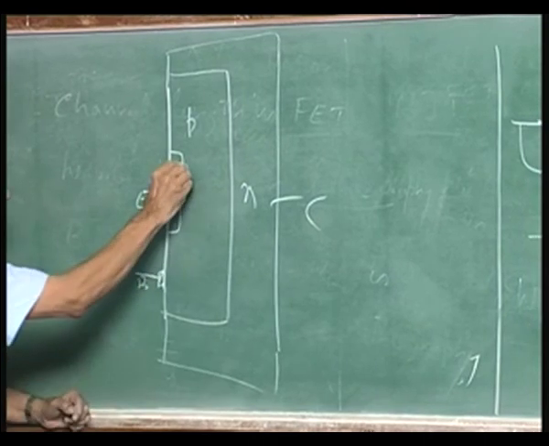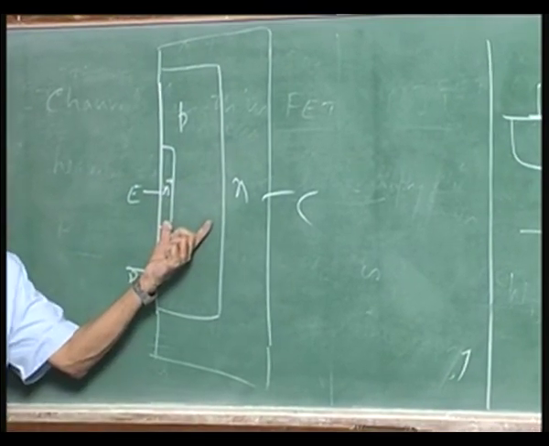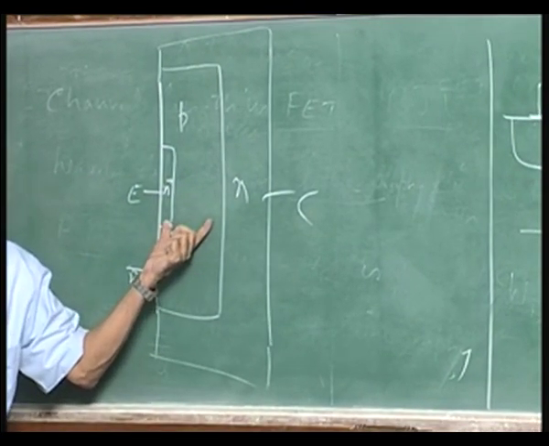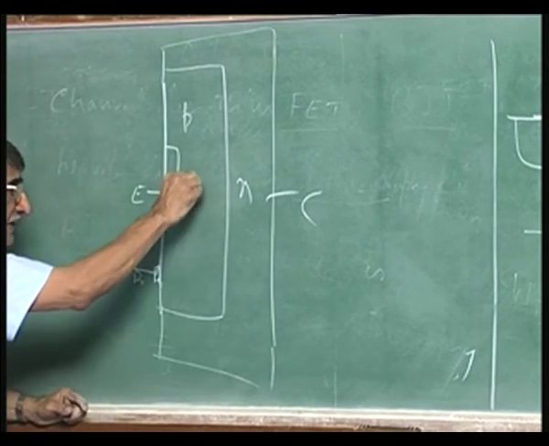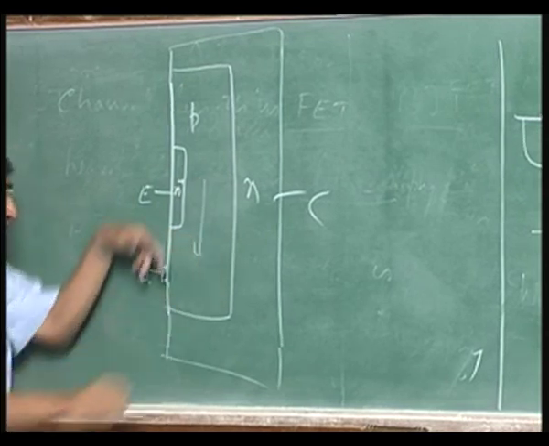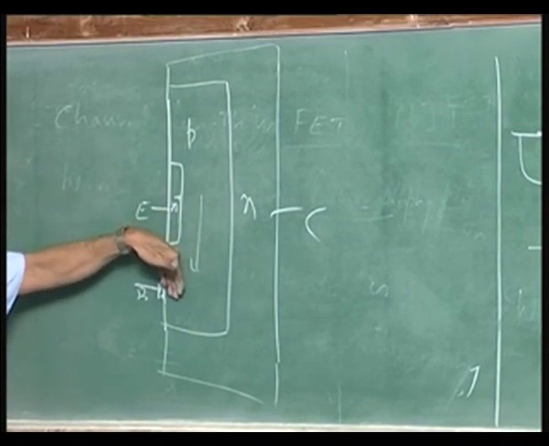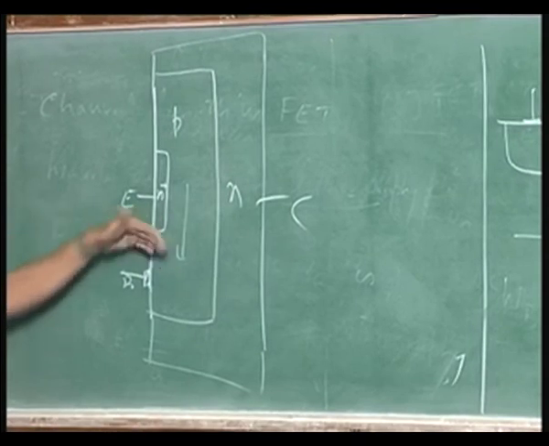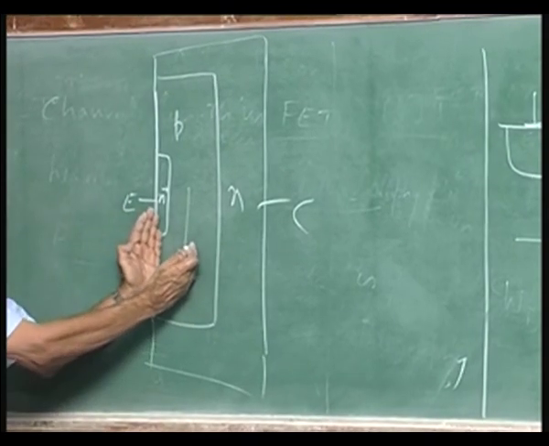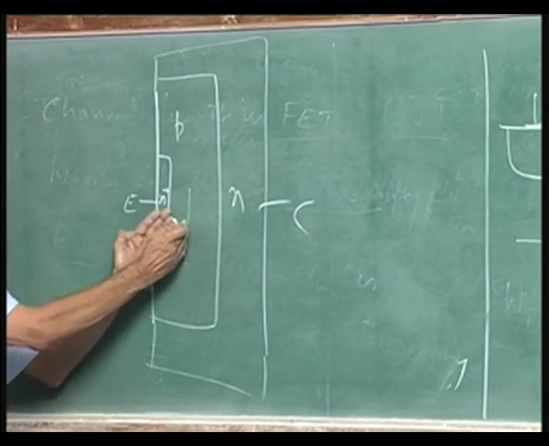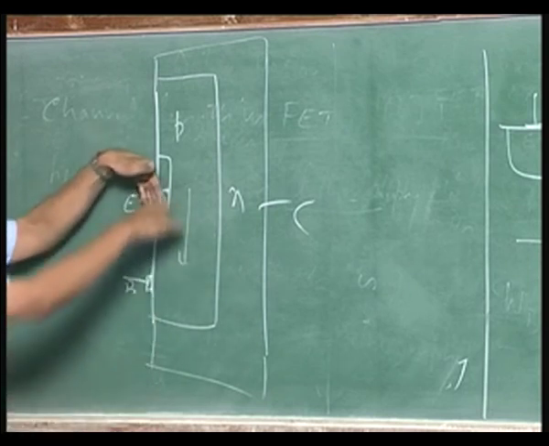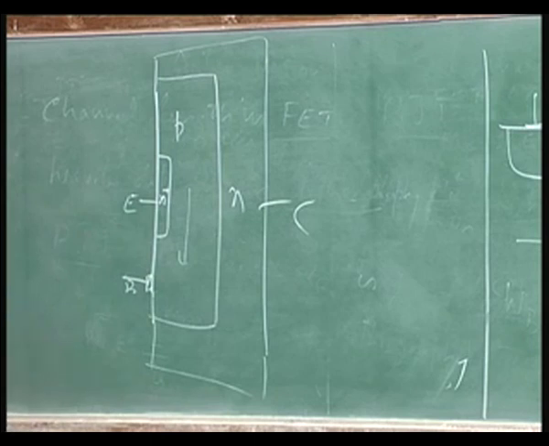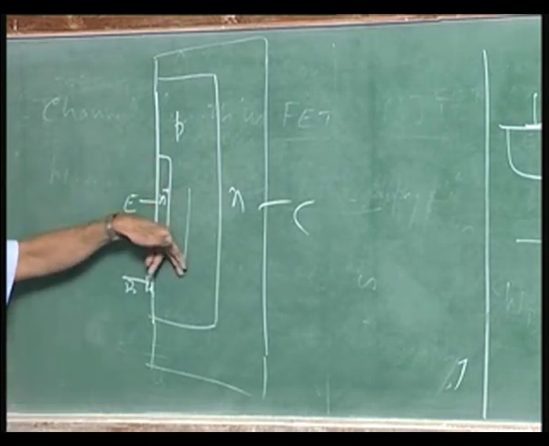If I reduce this base width, what is the parameter which is going to be affected? The lateral width, the current flow in the lateral direction flows in this direction. So, if I reduce this width of the base to reduce the transit time, it is accompanied by a reduction in the cross section to the current flow in the lateral direction.